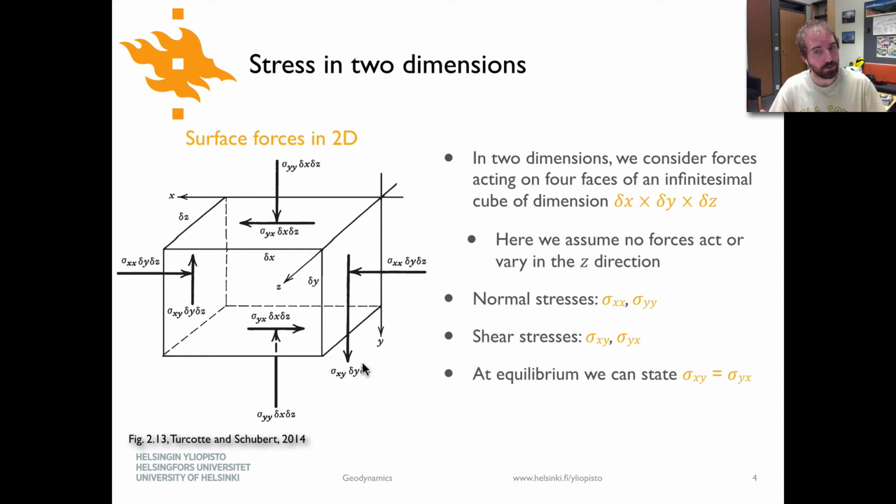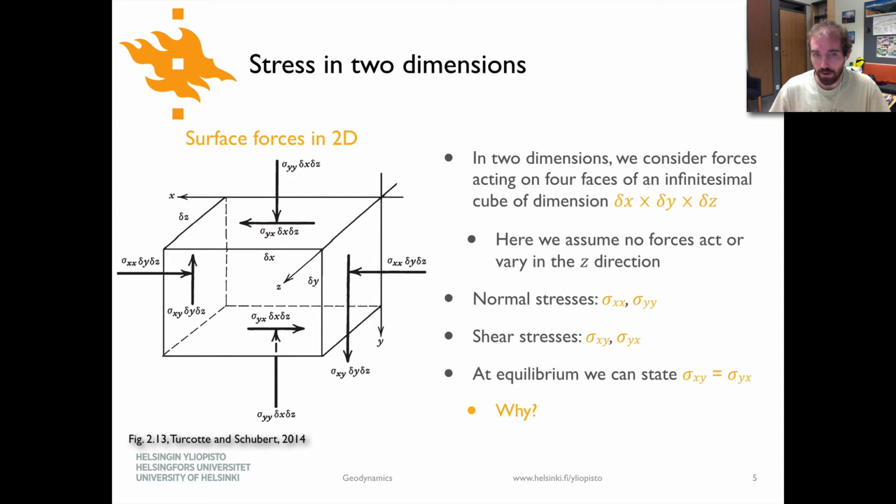So we have two normal stresses and two shear stresses. And if we're in an equilibrium state, we can say that sigma xy is equal to sigma yx. So it turns out there's only, in two dimensions, three things you need to describe the stress acting on some two-dimensional object. That is the two normal stresses and one shear stress.